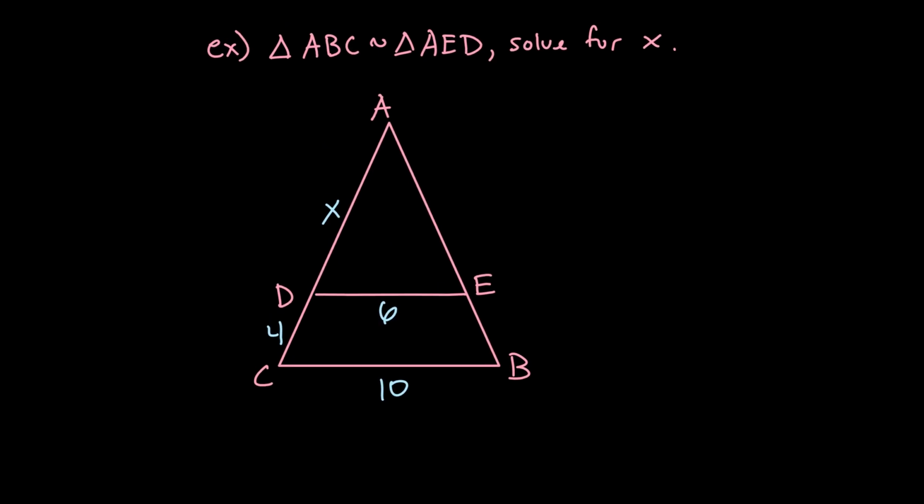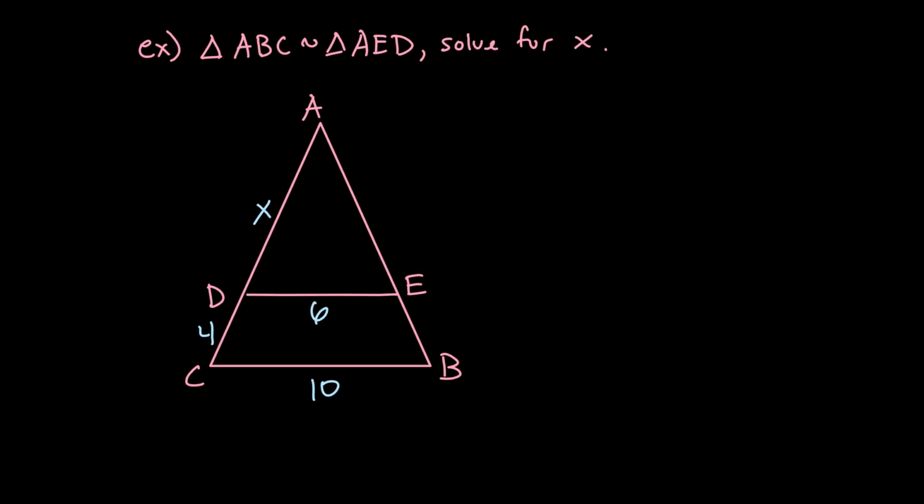So how would you like me to set up my first ratio, my first comparison between sides? Which one has both numbers in it? 6 and 10. So I can put 6 over 10. And then 6 is on the bigger or smaller triangle? Smaller. So what's the other side on the smaller triangle?